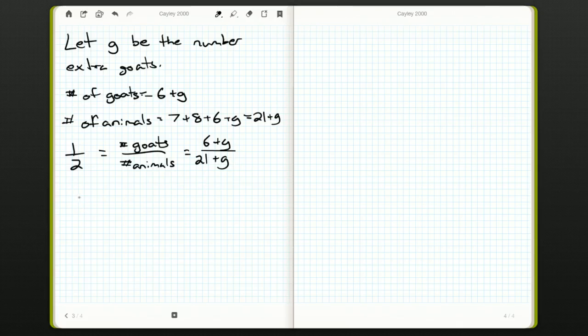Okay. So 1/2 equals 6 plus G over 21 plus G. Well, I can multiply on this side by the 21 plus G and multiply on this side by 2.